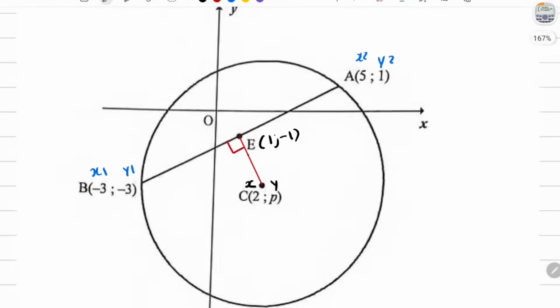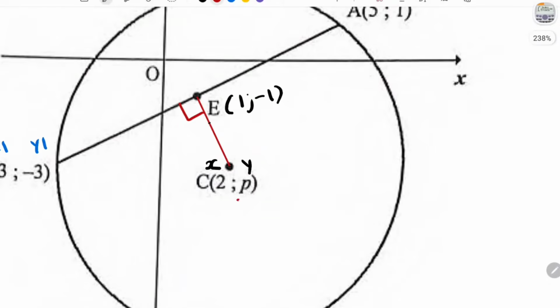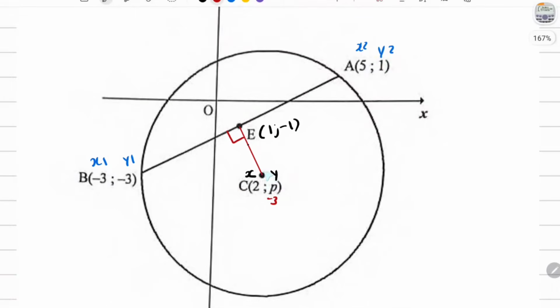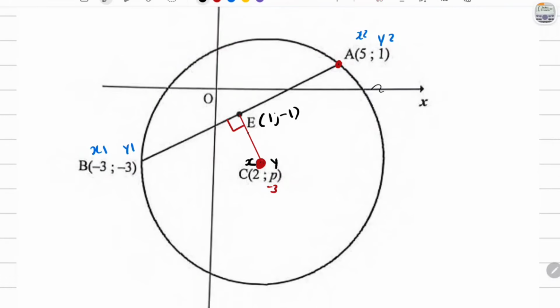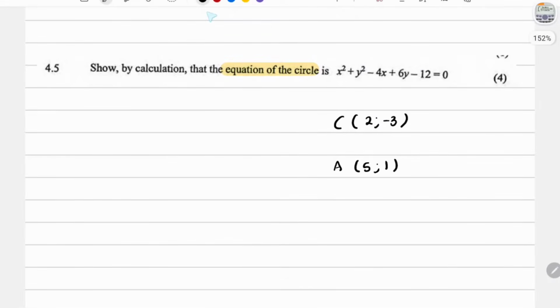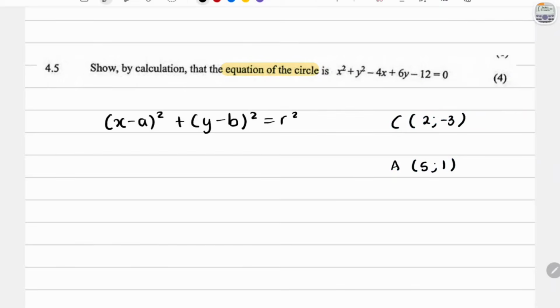Well, right now we know what P is. P is -3. So we have that. We can use the center of the circle, and let's just use another point. I'll use A because positive numbers just seem easier to use than negative. So we're using C and A. The equation of a circle is in your formula sheet, and it looks like this.